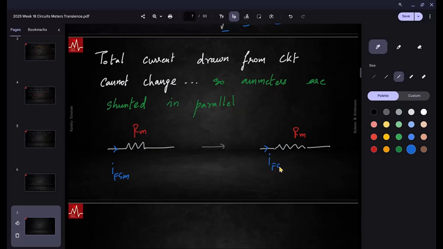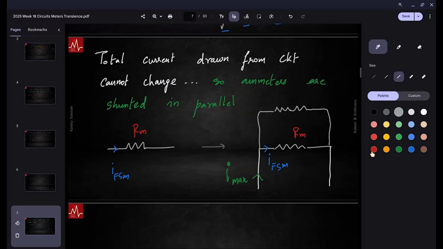This is still IFS. Say I'm trying to measure I, the maximum current in the range that we are trying to measure. We provide an alternate path so that most of the current goes through that path. What goes here is IFS.